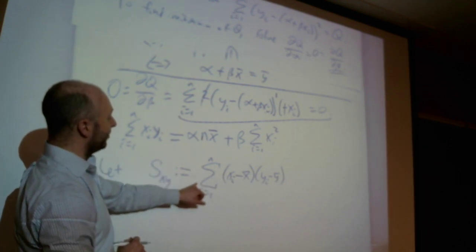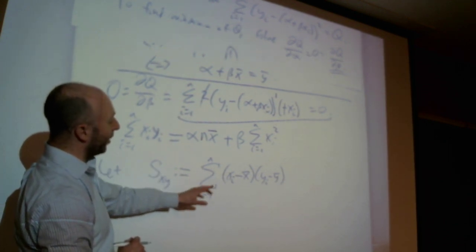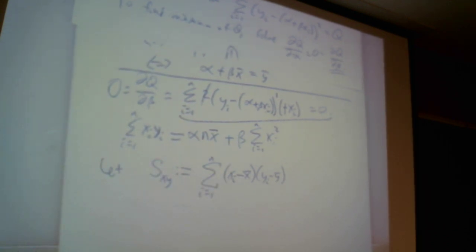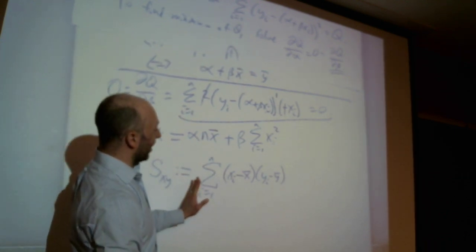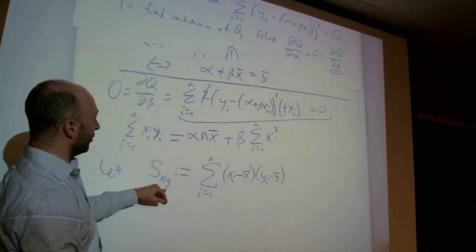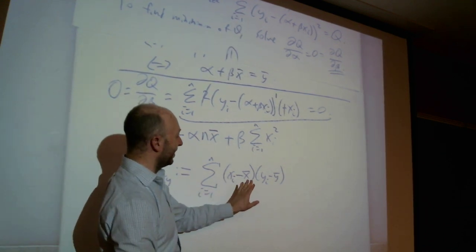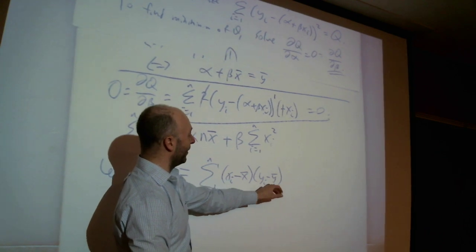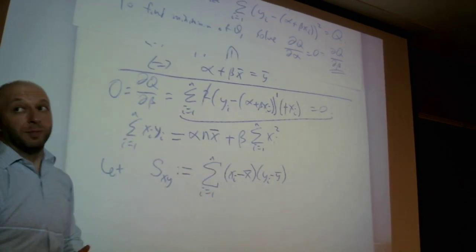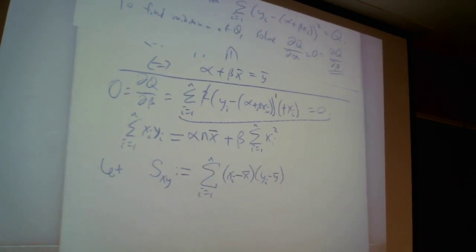If I average, 1 over n or 1 over n minus 2, as we'll see in a minute, I'm just defining something. So the notation Sxy means take xi, subtract off its mean, take yi, subtract off its mean, multiply the two, and sum, not average, sum.